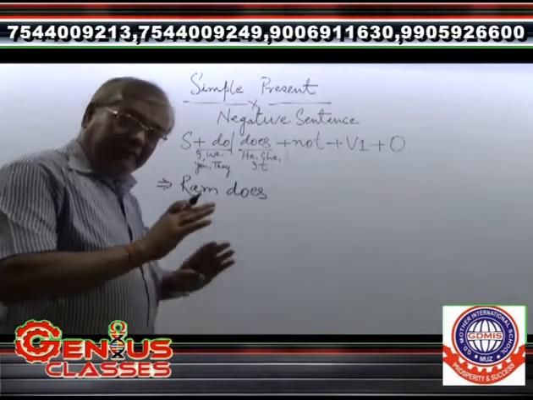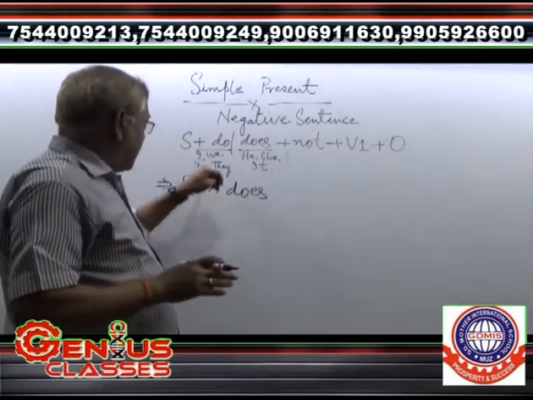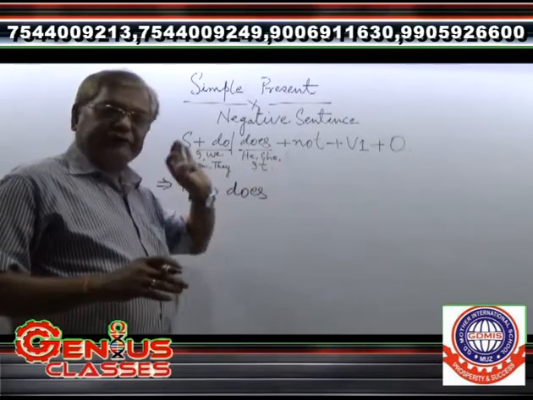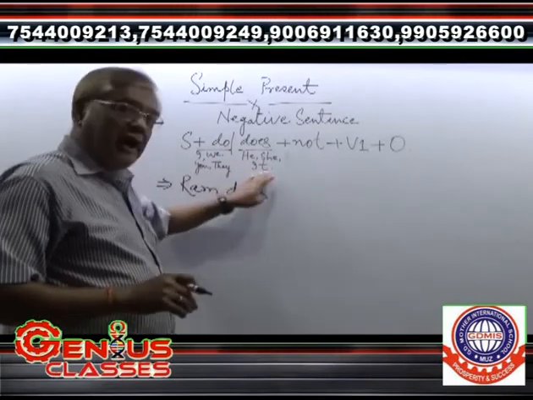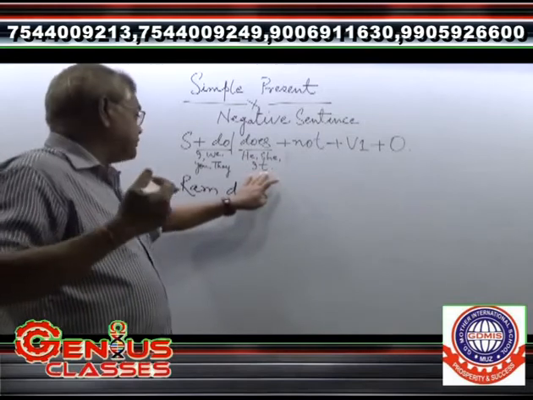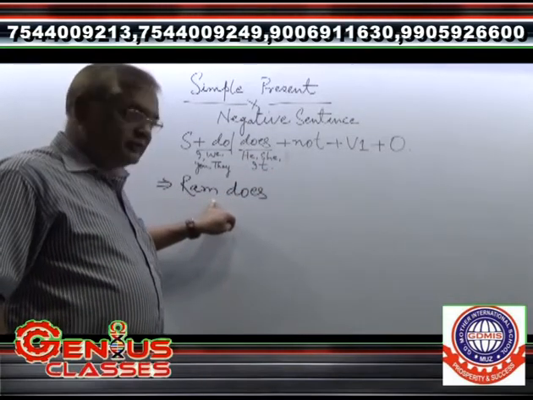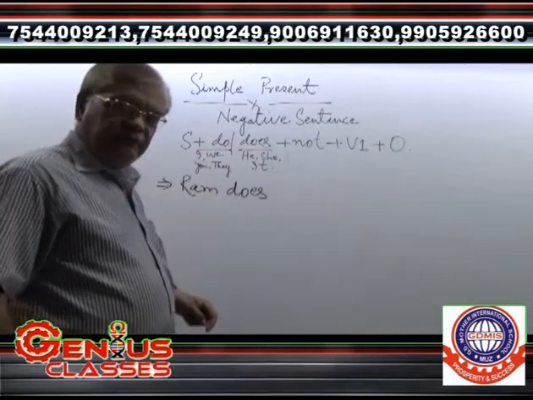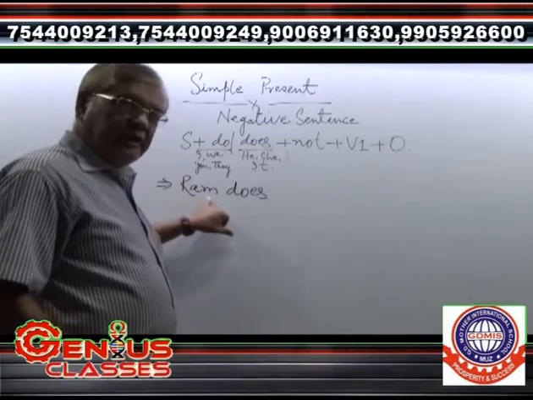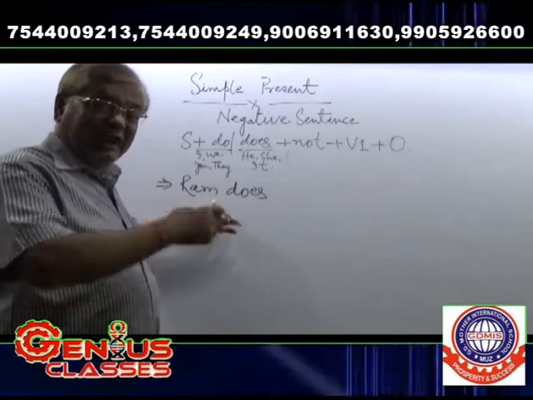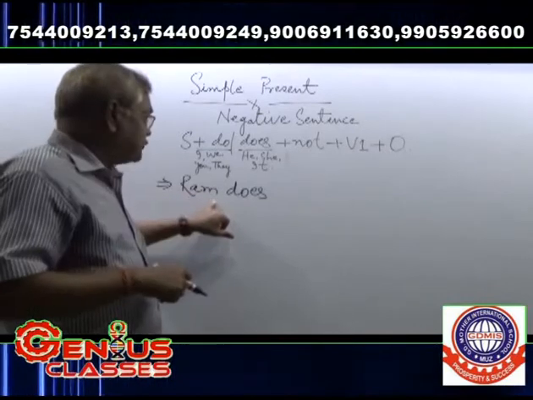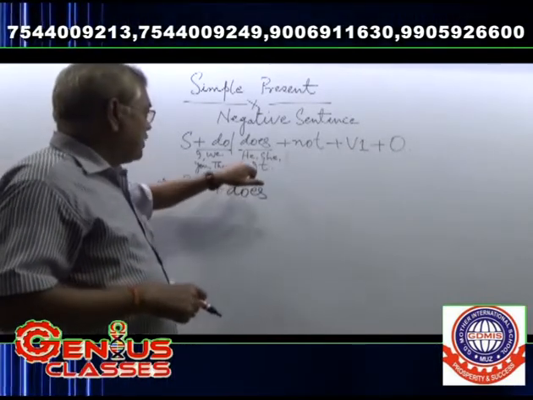There is no difference between a noun and these pronouns. Pronouns are representatives of nouns. The word Ram is a human being, a male, and for male we use he.